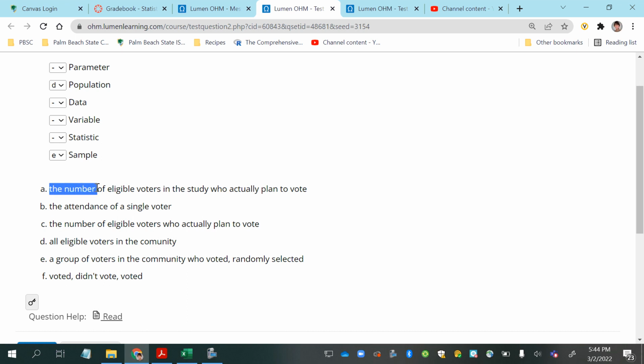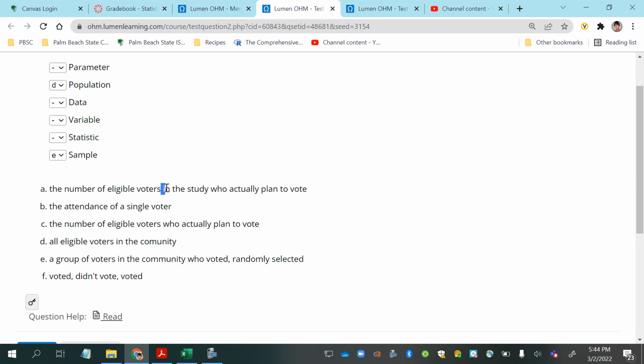This is a metric having to do with either the population or the sample. So we just need to determine between A and C which one is the number of voters in the sample, and which one is the number of voters in the population.